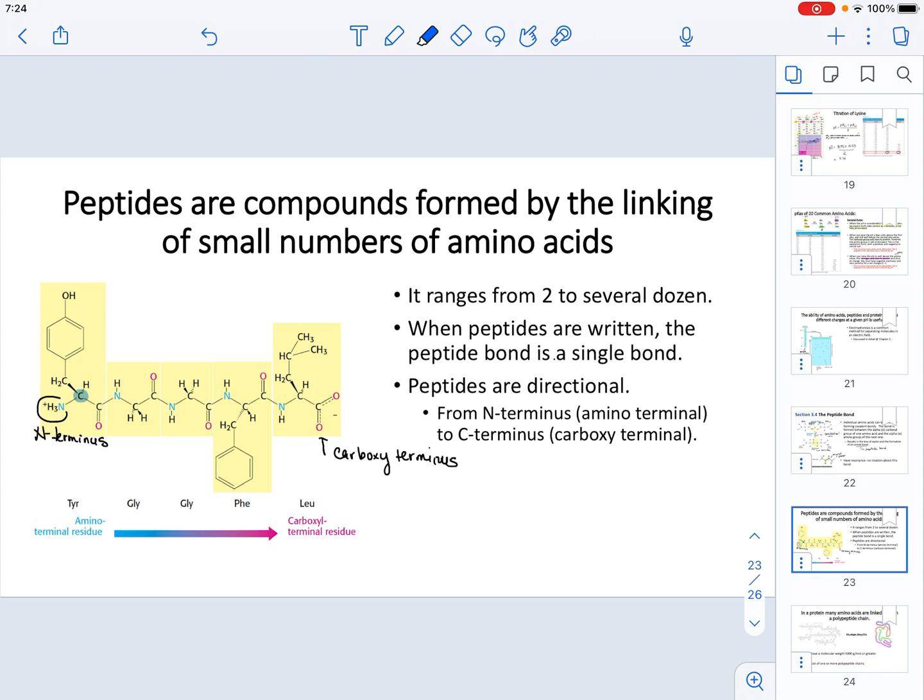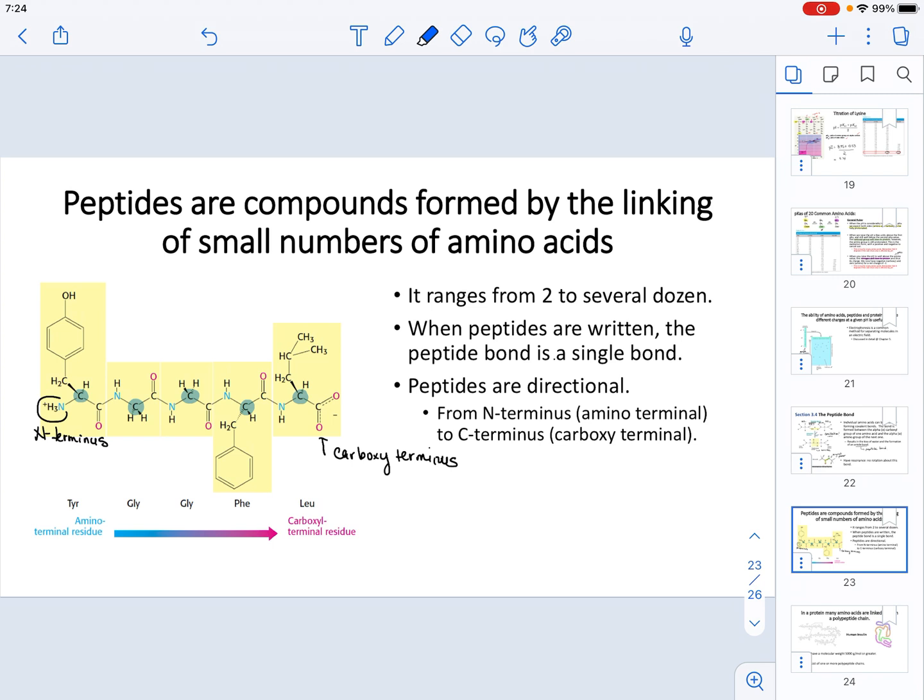That alpha carbon is bonded to a C double bond O. And then because we have peptides in between the amino acids, as you can see here, we have C double bond O, N, alpha carbon, C double bond O, N, alpha carbon, C double bond O, N, alpha carbon, C double bond O, N, alpha carbon, and then the last C double bond O is the carboxy terminus of that last amino acid.